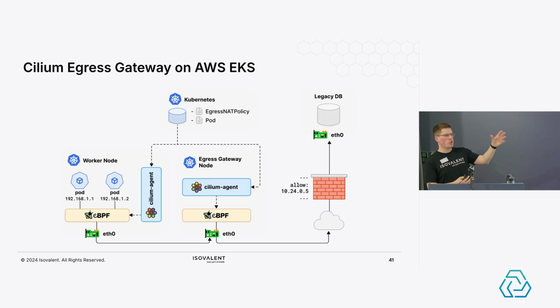Whenever such a pod tries to connect to an outside system, it's routed through those so-called Cilium egress gateway nodes. And with that, it's always leaving the cluster with the same source IP, so you have a guarantee on your physical, traditional firewall, and can still do the traditional access list-based filtering over there, for example, to reach a legacy system like a legacy external database.